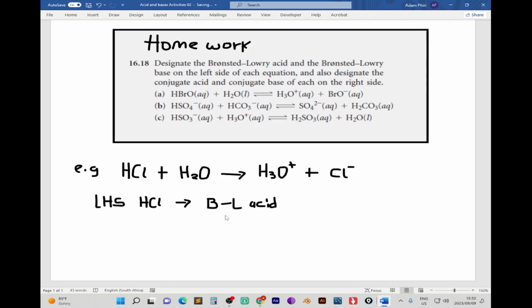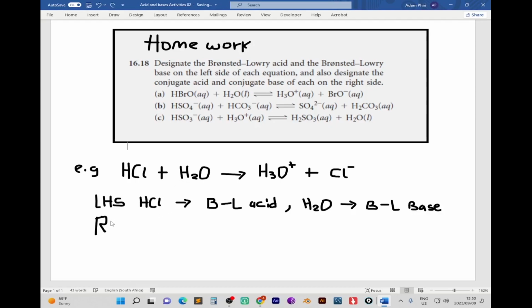It's an acid because you can see it's going to donate hydrogen to water, and then it becomes a Bronsted-Lowry acid. The water becomes hydronium, so in that case the water is a base because it has received hydrogen.